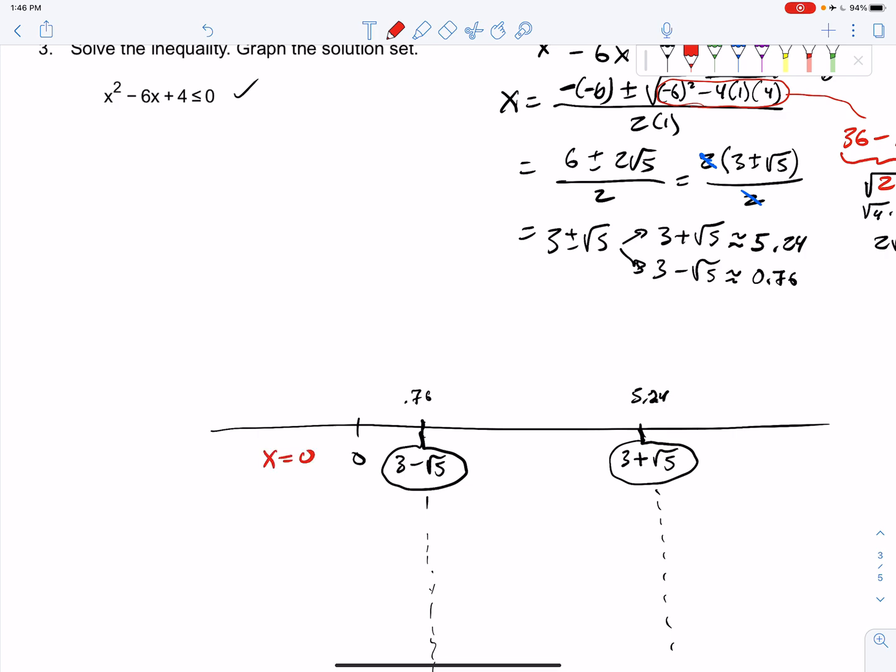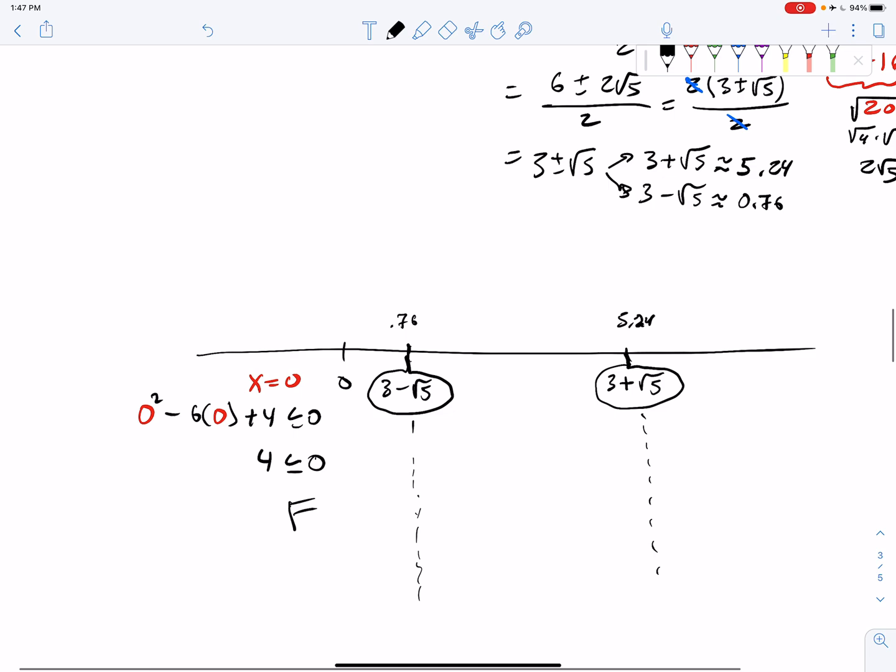X equals 0, and then we just plug in 0 into our original for x. So what do we get when we do that? It's going to be 0 squared minus 6 times 0 plus 4 is less than or equal to 0. Well, that gives us 4 is less than or equal to 0, and that's false.